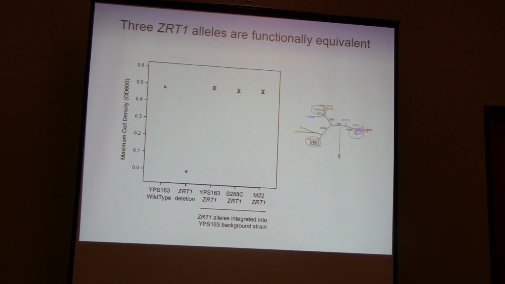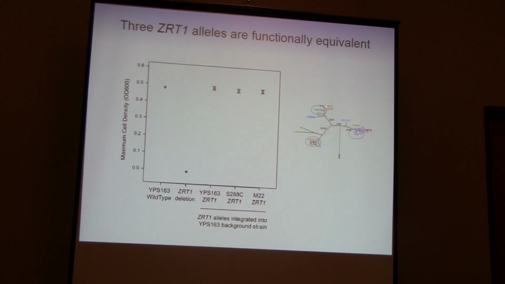To look at functional differences between different ZRT1 alleles, we knocked out ZRT1 and found that it caused a fairly dramatic change in growth under zinc-limiting conditions. So here's wild type, and here's a ZRT1 knockout.